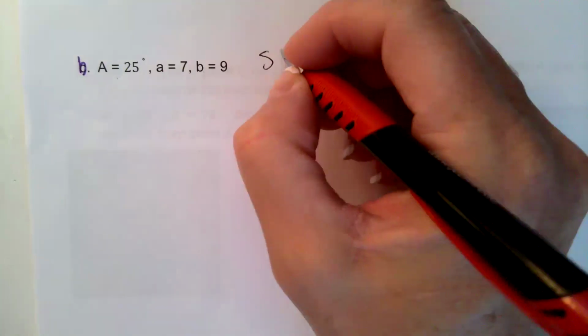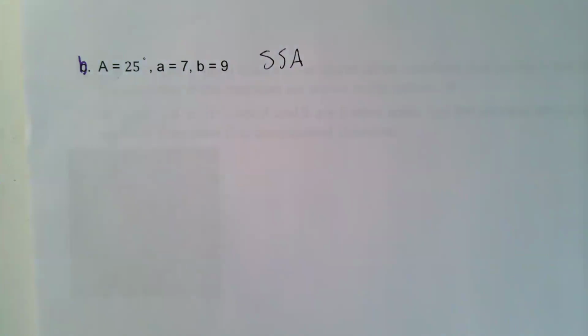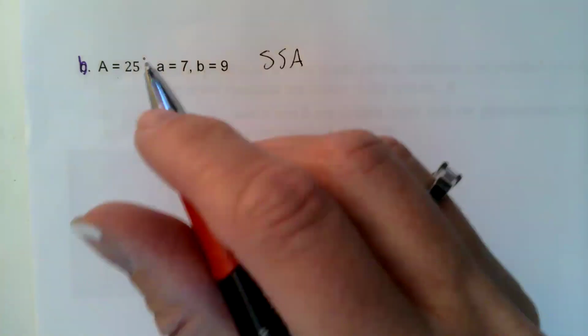Now the next example is another side-side-angle, or angle-side-side. And we're going to see if there's no solution, one solution, or two solutions here.